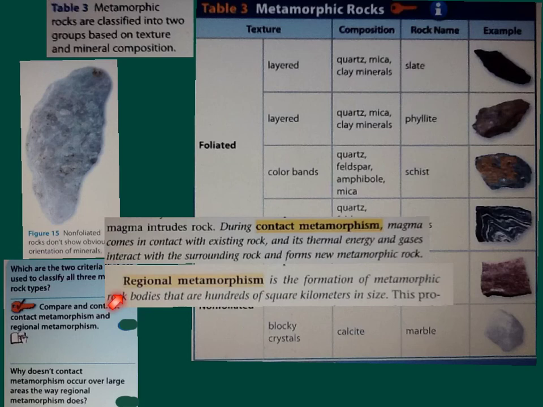During contact metamorphism, magma comes in contact with existing rock, and its thermal energy and gases interact with the surrounding rock and forms new metamorphic rock. That's contact. Regional metamorphism is the formation of metamorphic rock bodies that are hundreds of square kilometers in size. Those two, please make sure you're writing your information down.